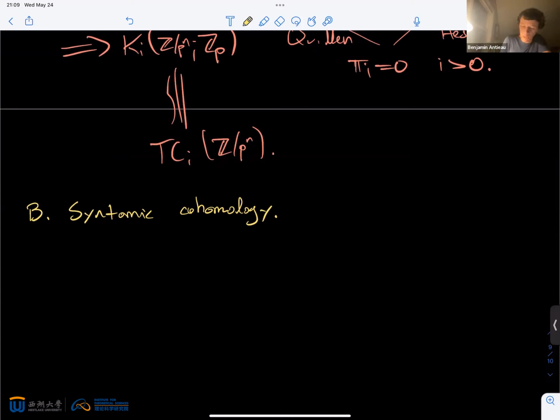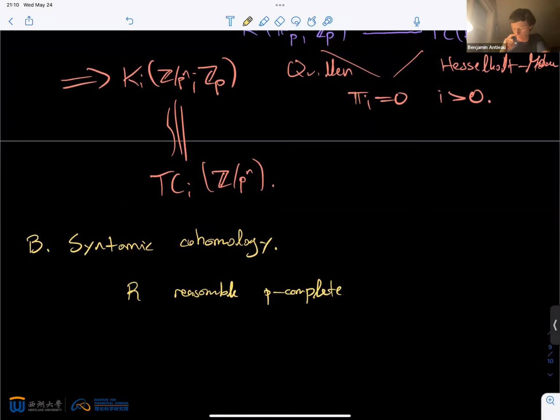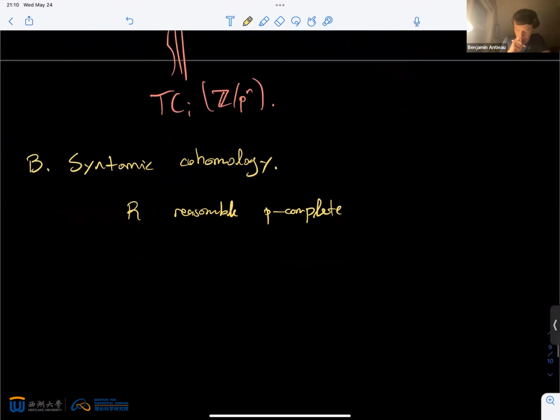Right, let me just write some symbols down. So for R, some kind of reasonable p-complete ring. Remember, we're in the business now of computing p-adic K-theory, and the hardest case, or maybe the main case, is when p is not invertible. We take a p-complete ring that's reasonable in some sense.